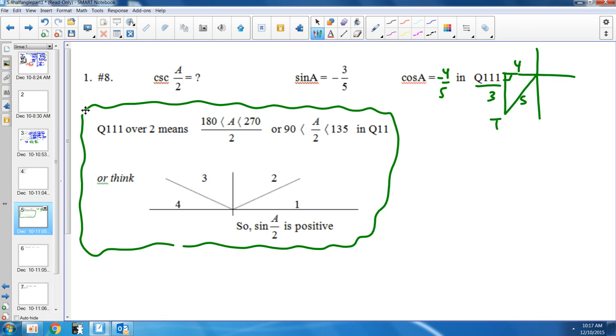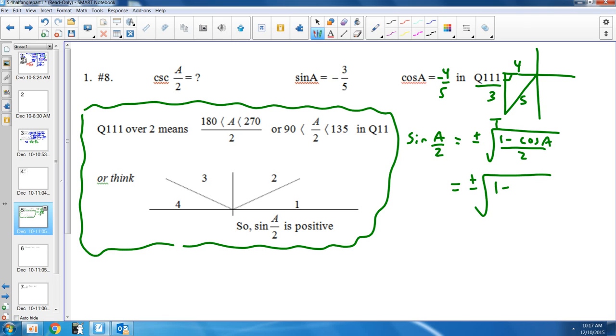The next thing I want to do is solve for the sine half angle, because I want to do the reciprocal of that for the cosecant of the half angle. The sine half angle, I want to start with the identity that says plus or minus the square root of 1 minus cosine A over 2, all under the radical sign. Then it's a matter of just substituting in. So it's going to be plus or minus square root of 1 minus the cosine, which here is a negative 4/5, which, be very careful here.